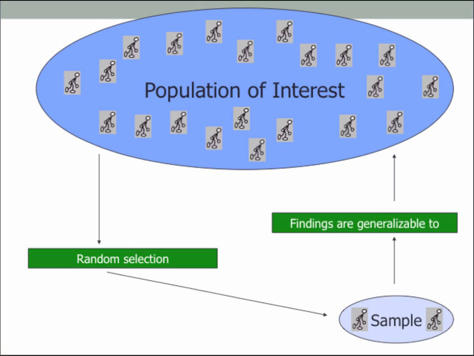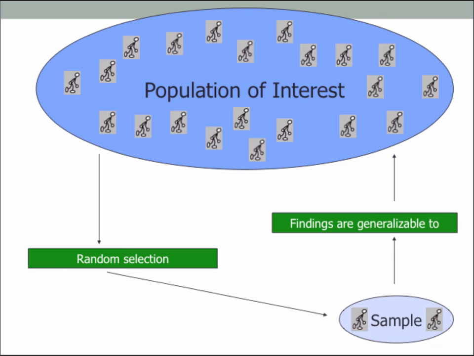So if we take a look visually, right, our big circle up here, our population of interest, right? We randomly select individuals from a population, which then make up our sample. And hopefully, our goal is to be able to generalize the findings from a sample back to the population of interest.